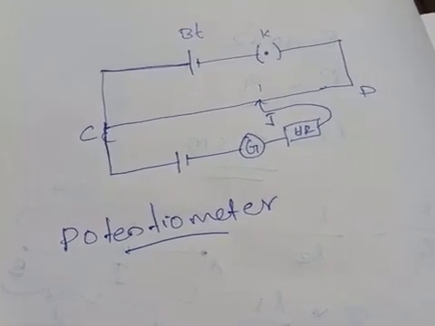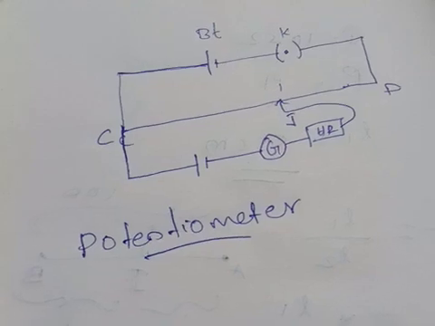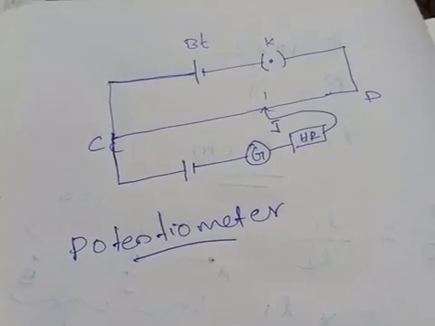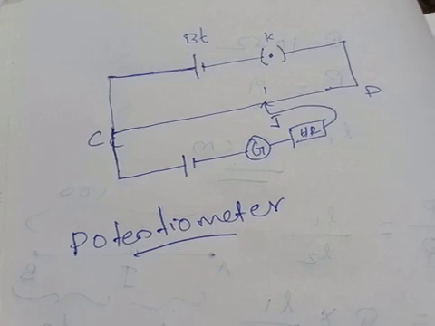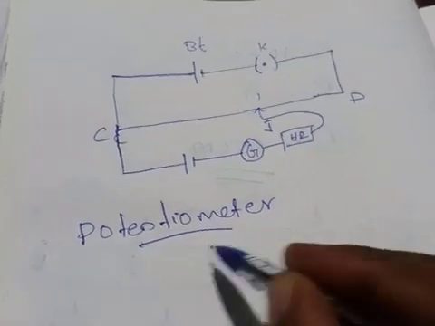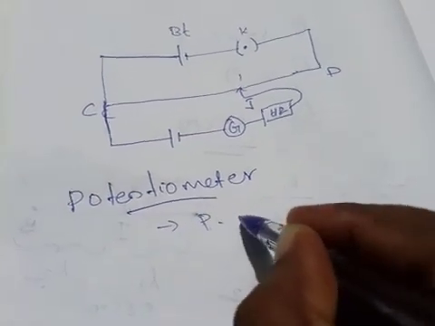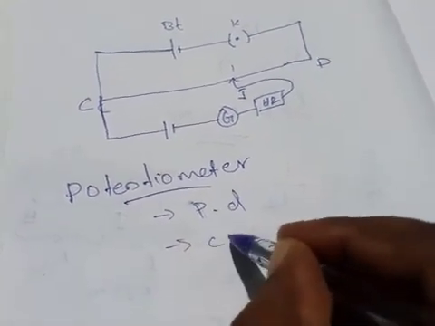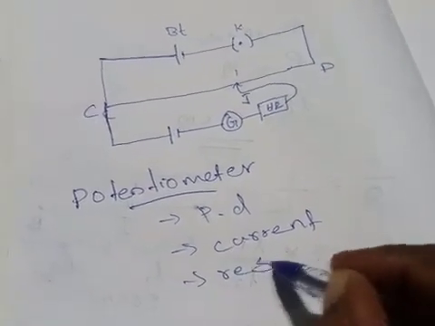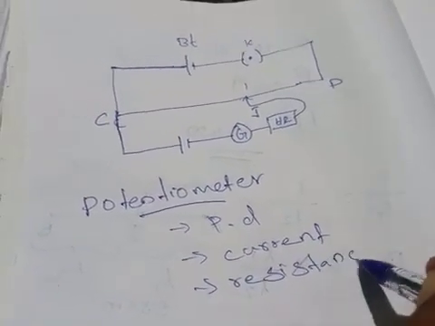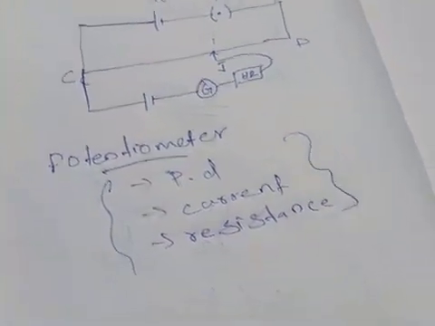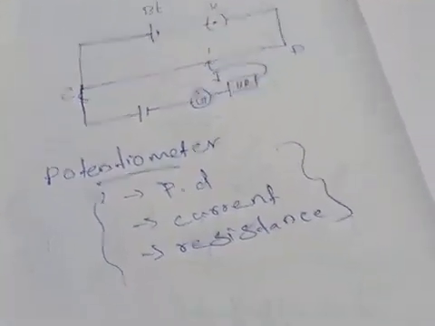First thing, this is just the construction of this potentiometer. Potentiometer means, first thing we have to know what is the use of this potentiometer. So you see, the potential difference, current and resistance, these three things we can accurately measure by using potentiometer.